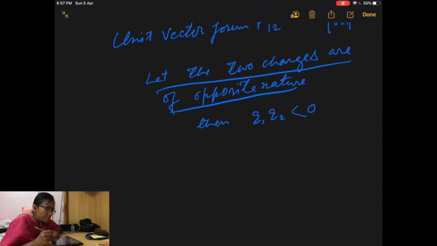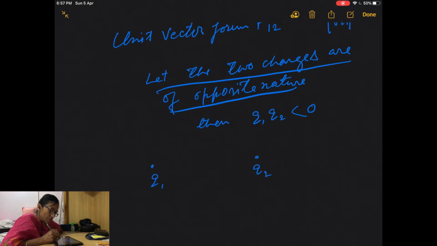Now let us learn this by making some diagram, because a diagram is very important for this kind of charges. You have to draw diagrams in your examination, so let me do that also.